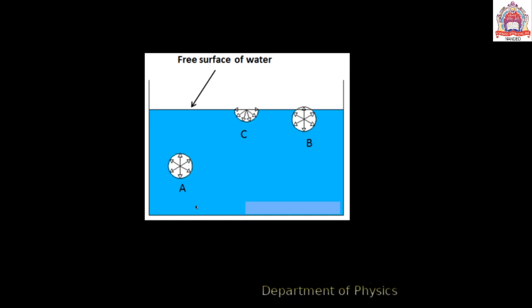A system in equilibrium has a tendency to acquire the lowest possible potential energy.